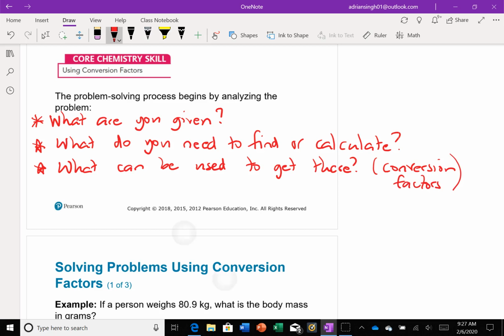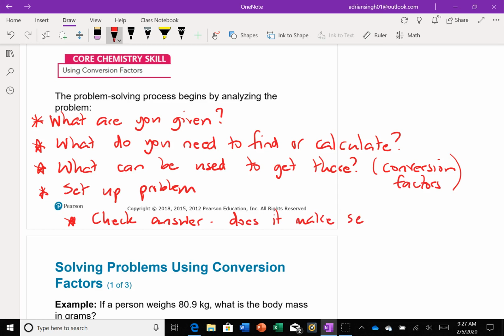And then finally, we're going to set up the problem. And at the very end, we always want to check our answer, and then ask ourselves, does it make sense? Right, so not just getting an answer, but thinking about it in a general sense.